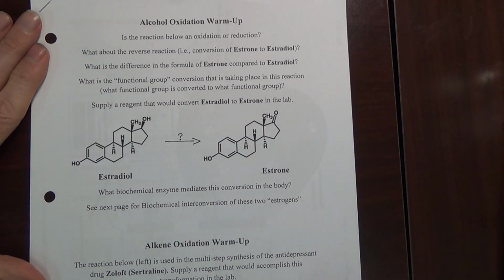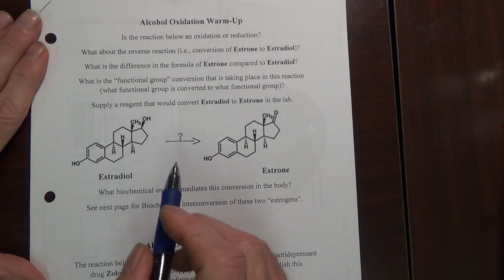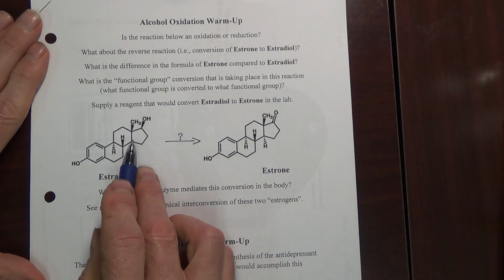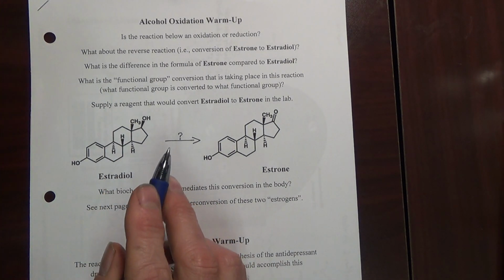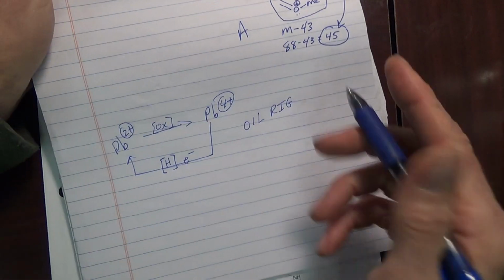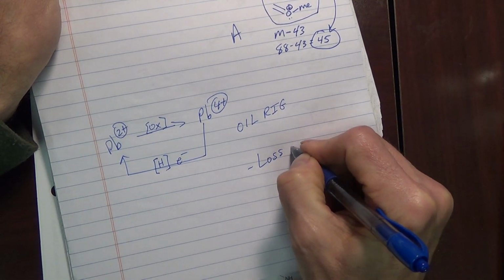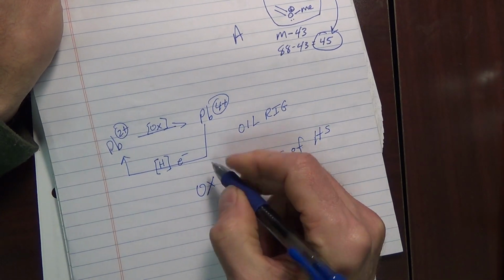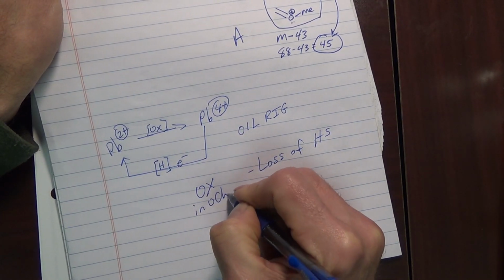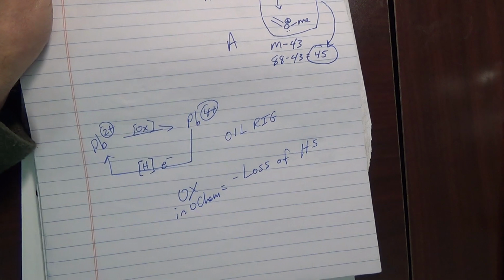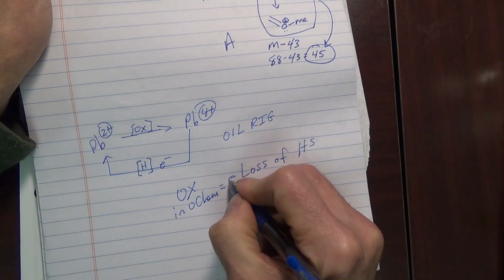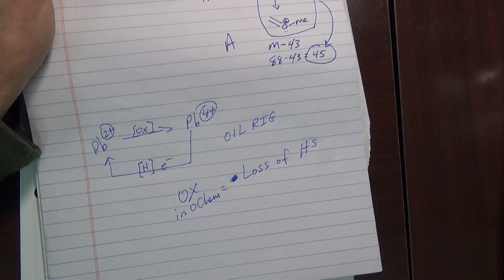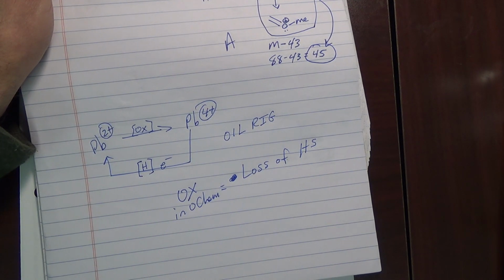There are two different ways, and it's illustrated here. First off, if we look at this conversion, we have lost H's. Oxidation in OChem equals loss of hydrogens.